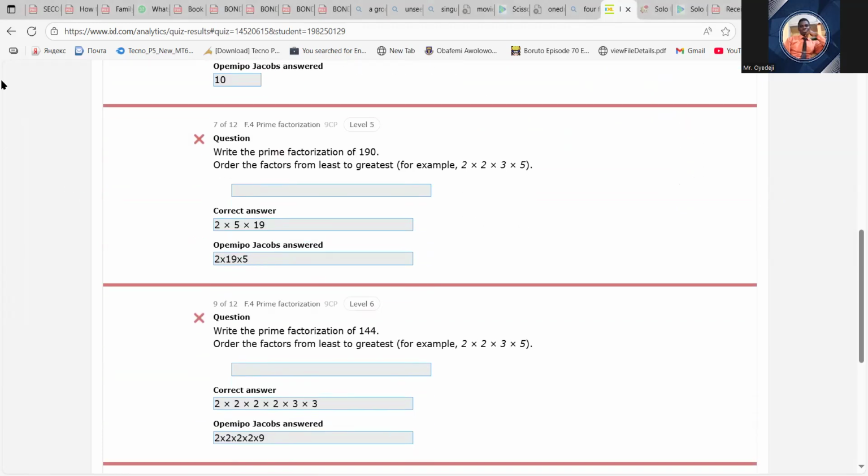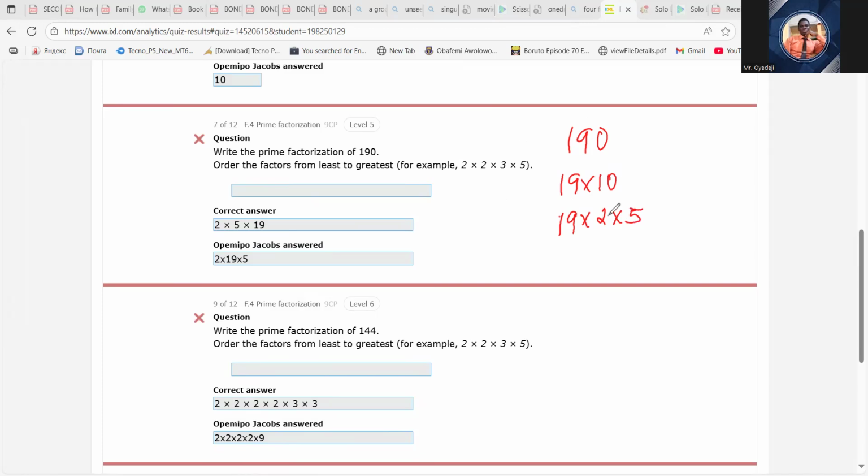This one is about prime factorization. We have 190. Let's just start from something small. All we have to do is 19 times 10. Then we can break further and say 19 times 2 times 5.